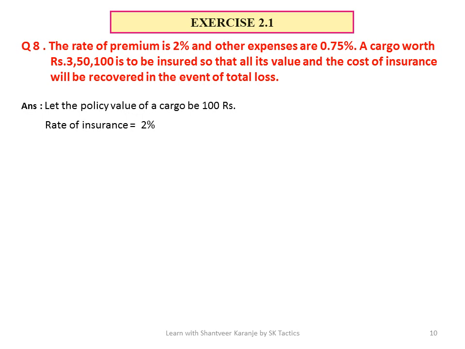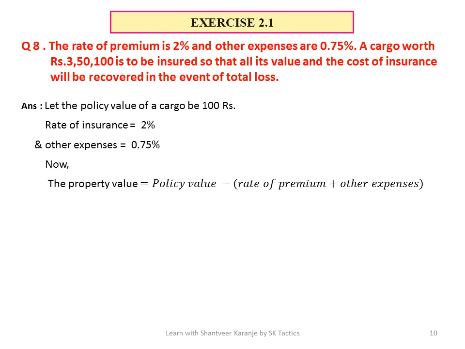So premium rate was 2% and 2% of 100 is 2. Other expenses 0.75%, 0.75% of 100 is 0.75 rupees only.